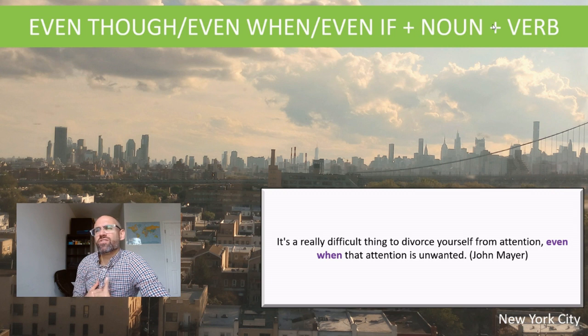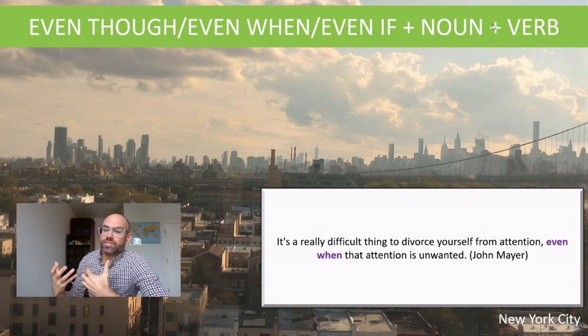So he's saying it's very hard to get away from the desire for attention, even if the attention is not wanted. So it's hard to pull away from having people pay attention to you, even if that attention is not good attention or undesirable attention, right?